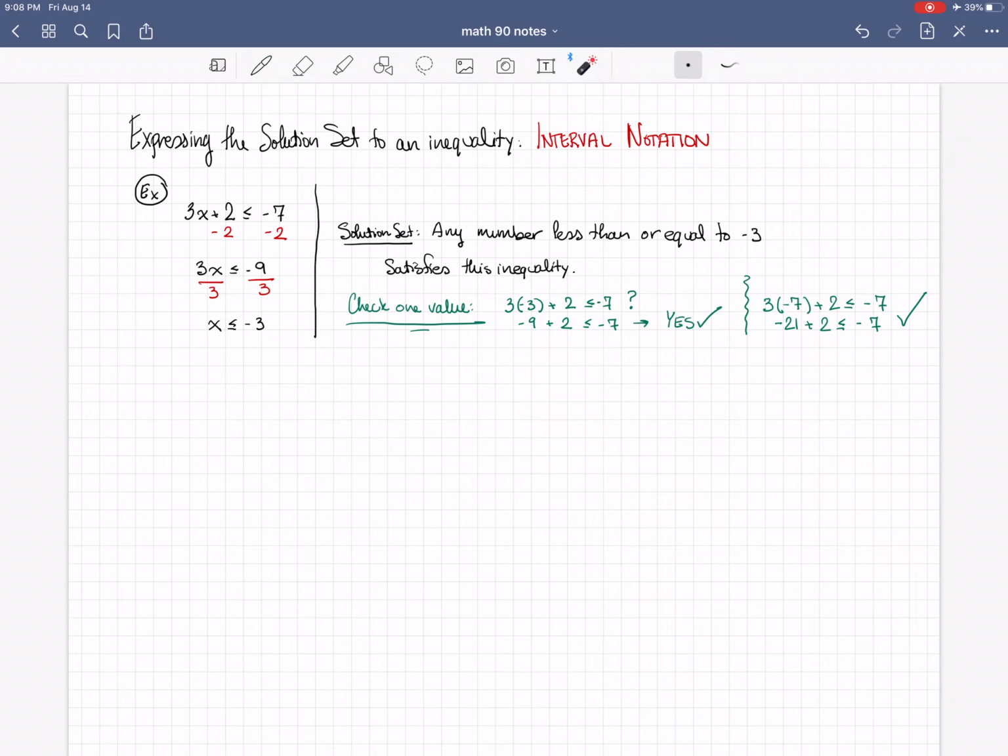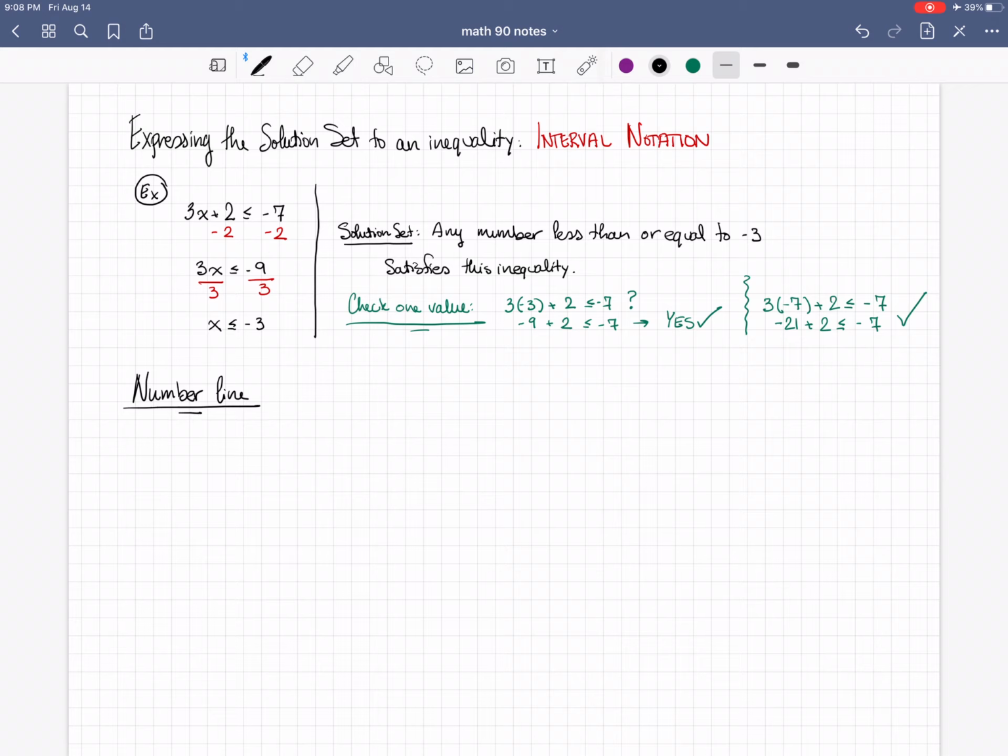Now, I don't want to have to write this out like this every time, right? Any number less than or equal to -3 satisfies this inequality. So that's where interval notation comes in. Interval notation is all about the number line. Okay?